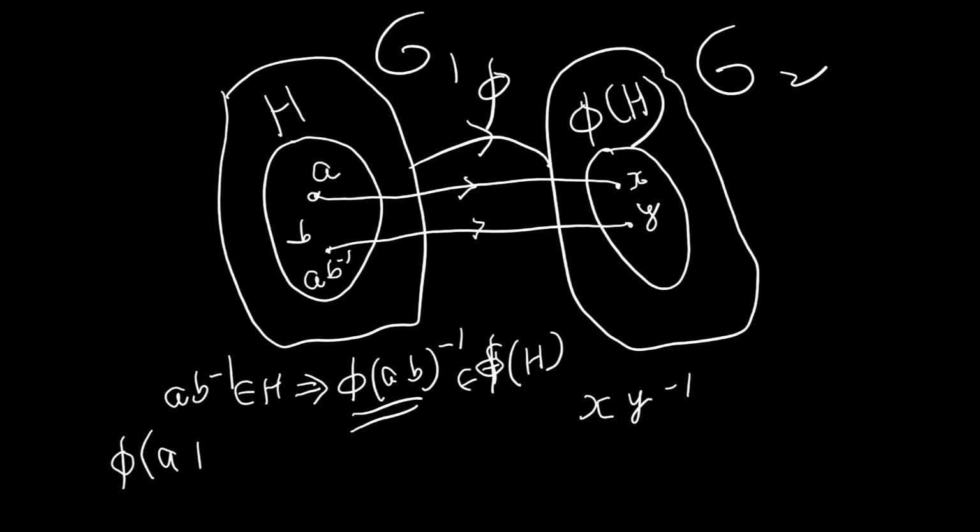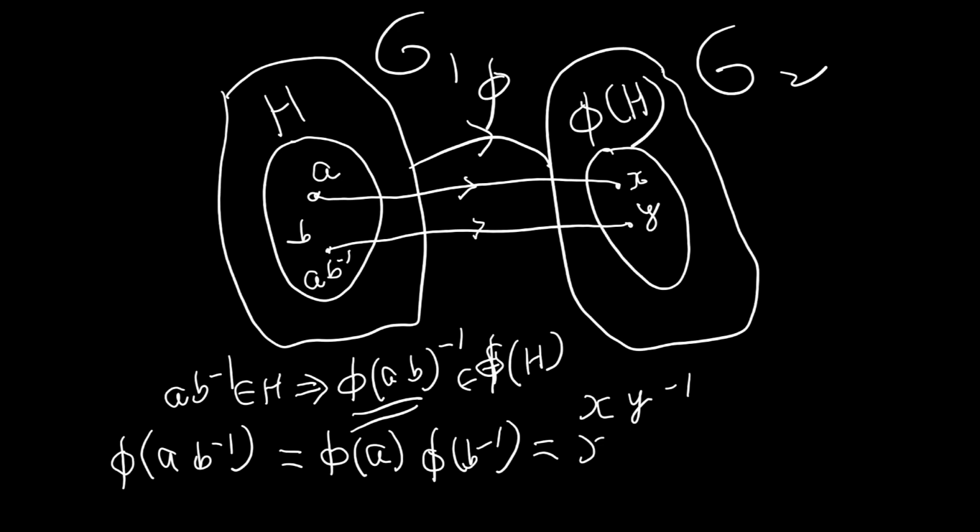Now, who is phi of AB inverse? We can write the operations as O1 and O2, but let's keep that understood: here our operation is O1 and now the operation is O2. So we get phi A times phi B inverse.